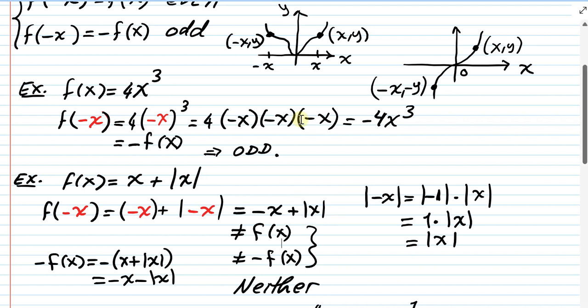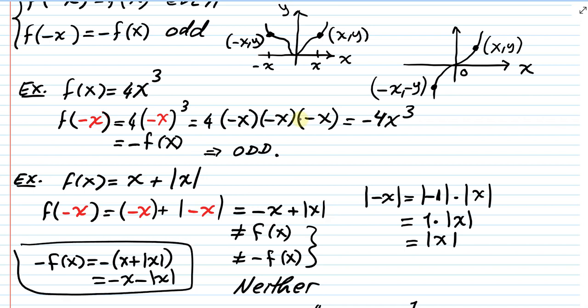Now, this function, f of negative x, is neither the original nor the negative of the original. The negative of the original function should look like this. So notice right in here, that's where things are not the same. Therefore, we did not get the original function, and we did not get the negative of the original function.